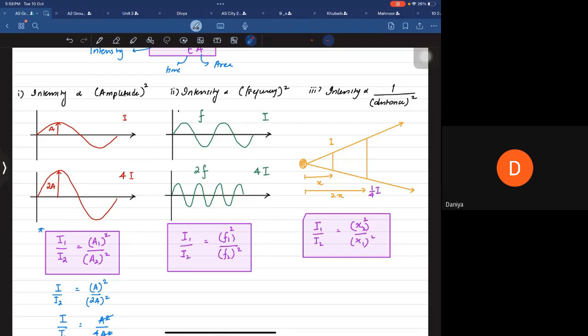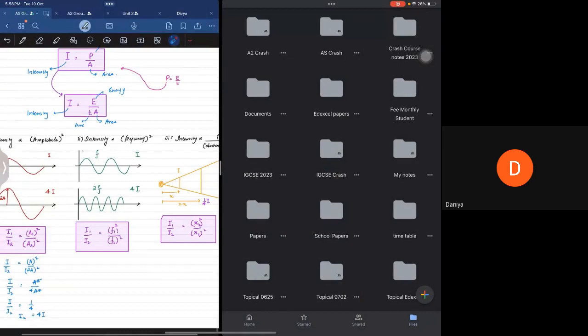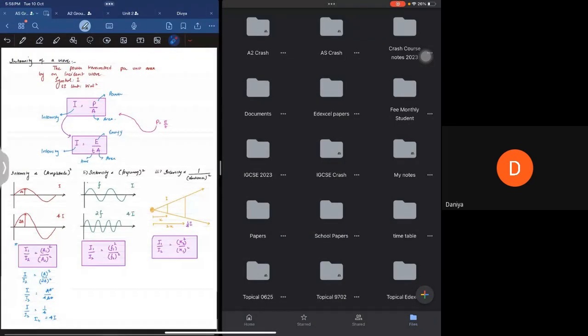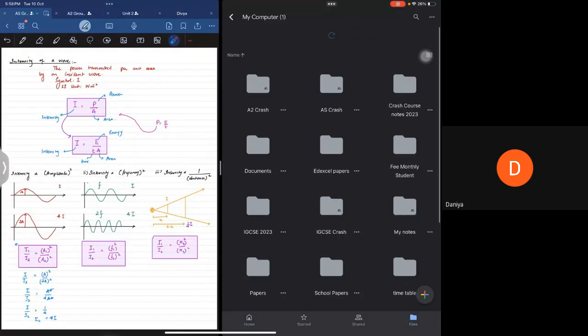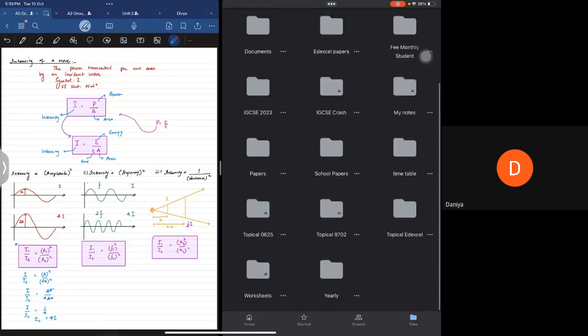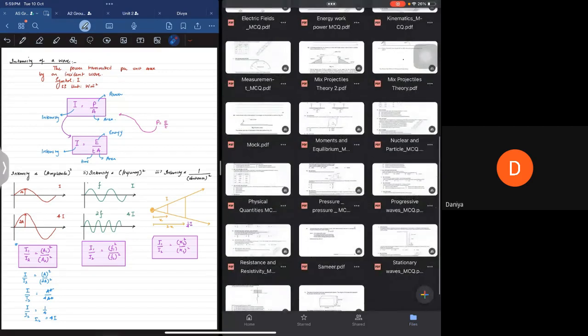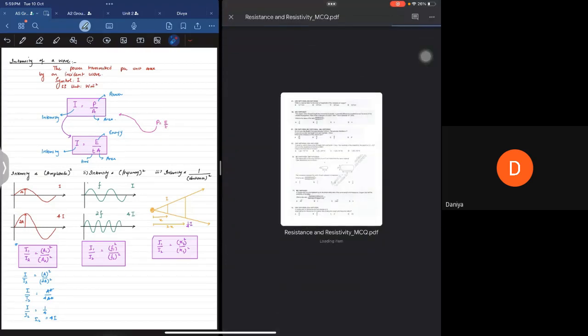Okay. Now, speaking of a question, let's take one out from the exam papers while you copy this down. So, where are you, progressive waves? Okay, they're here.